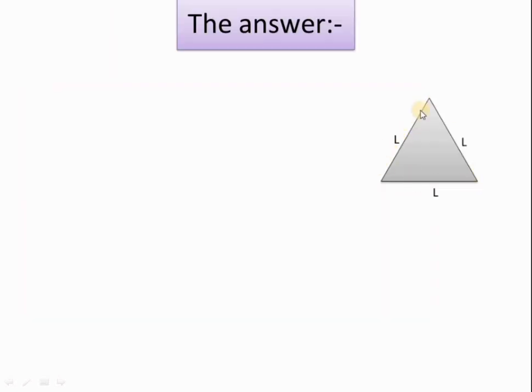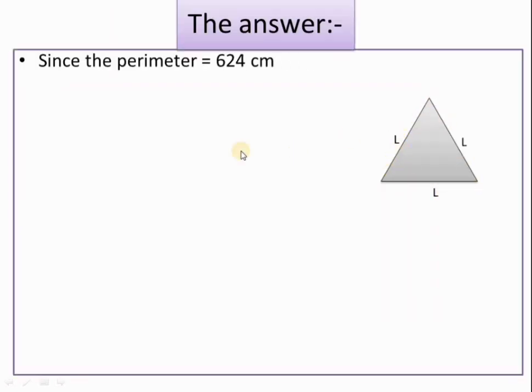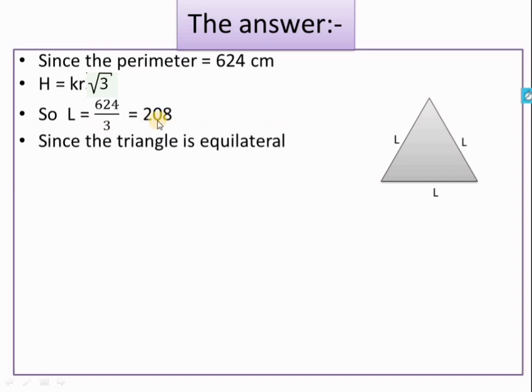An equilateral triangle means all sides are equal, and the given data are the perimeter and the height. It's so simple to get one side value by dividing the perimeter, which is the sum of the 3 side lengths, over 3. That means you get the side equals 208.